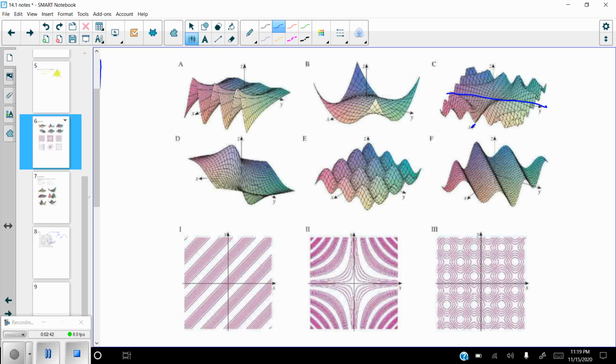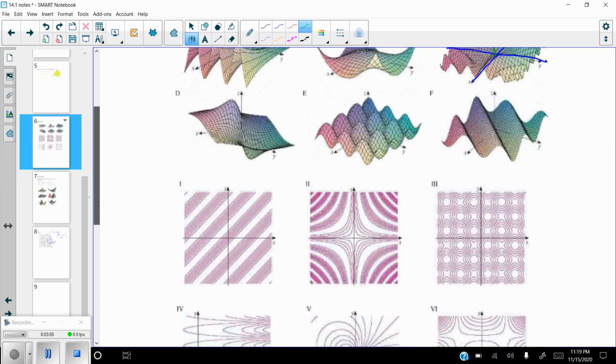Also looks like it's pretty low around the y-axis, right through there. And then it looks like it starts to go up and down as it goes almost on a 45-degree line. So almost on a 45-degree line, it's going to go up and down and up and down and up and down.